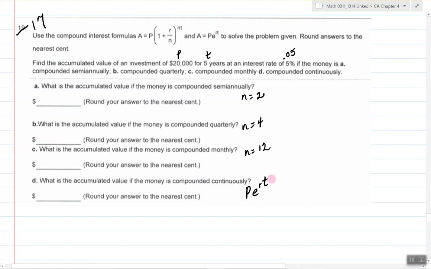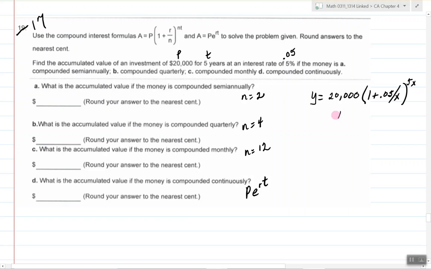This time, just to be different, I'm going to go ahead and do it on the home screen. But if you want to try it, it would be y equals 20,000, open parentheses, 1 plus, the interest rate is 0.05 divided by n, which is x, raised to 5 years times x.